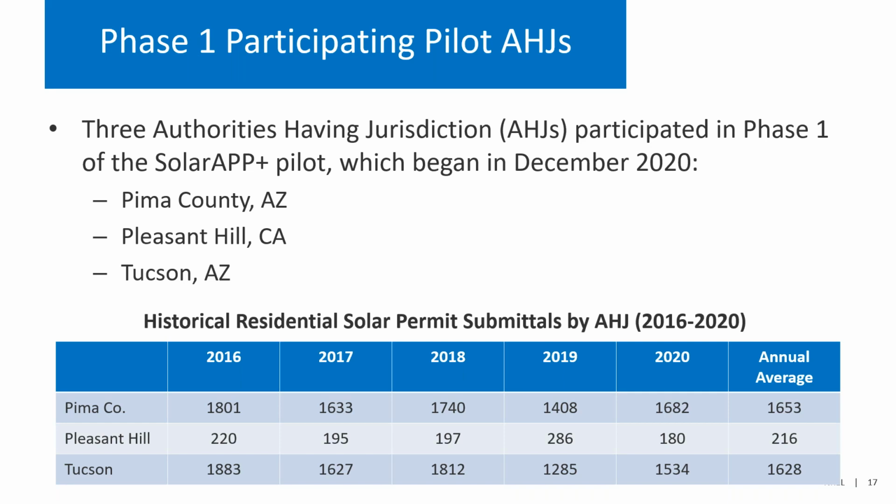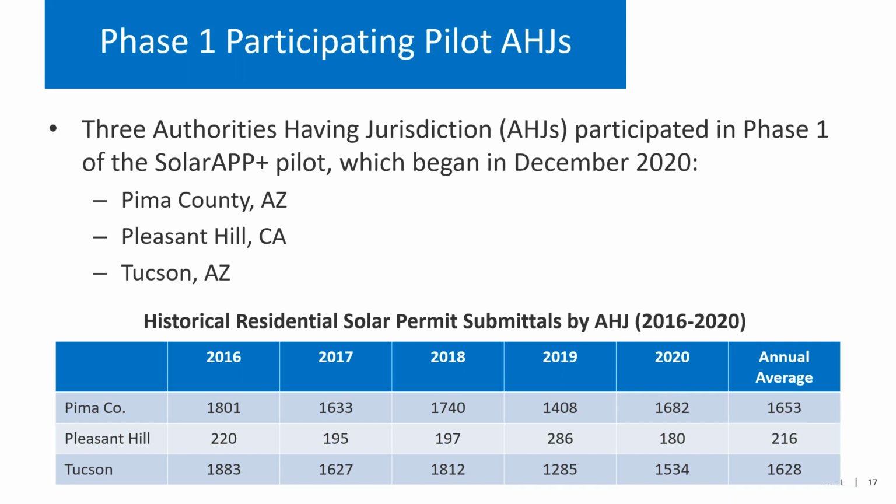As I mentioned, these 3 jurisdictions were a part of our first phase of piloting communities. And so here you can see Pima County and Tucson process a lot of permits, over 100 permits, at least on average, a month. And so ultimately, they needed to find a way to do this more efficiently because they didn't have the staff to do it, to improve their own customer service.